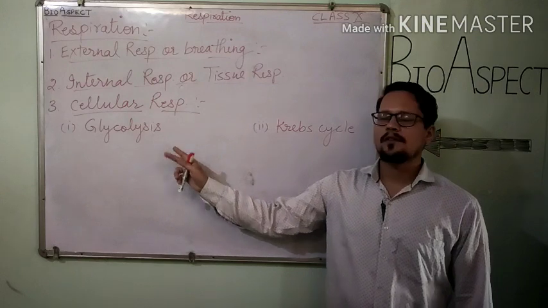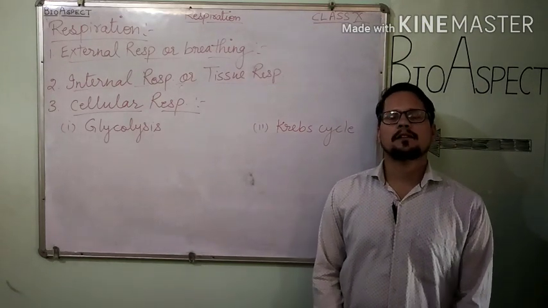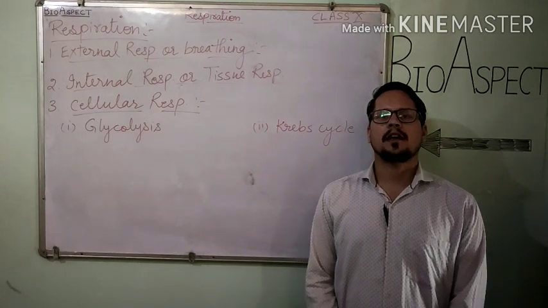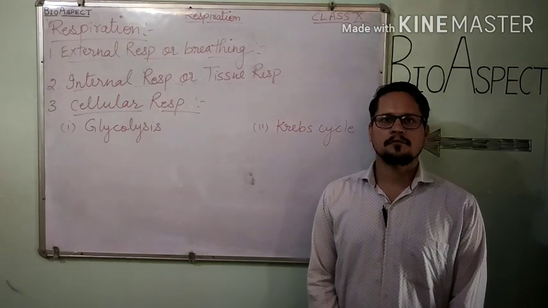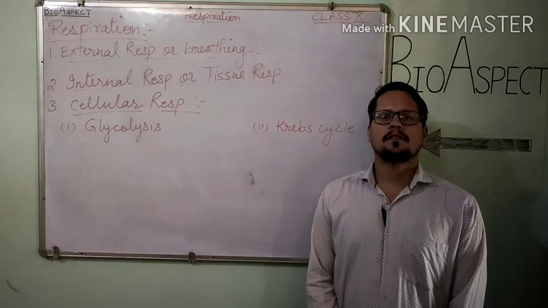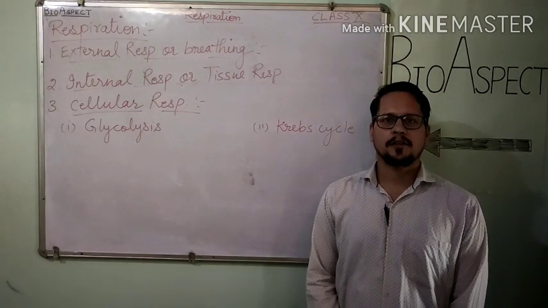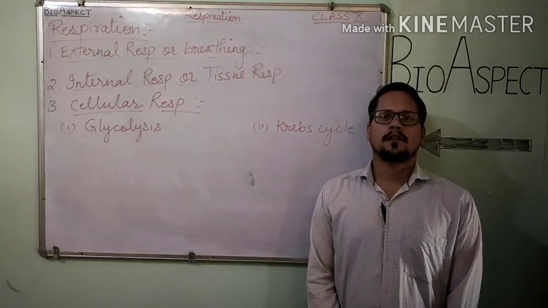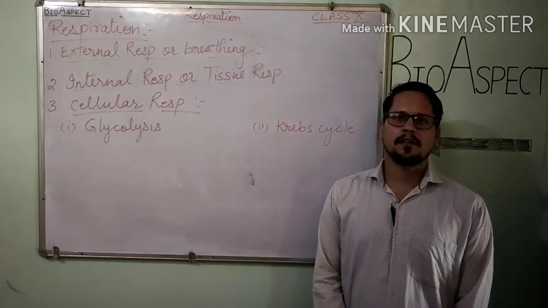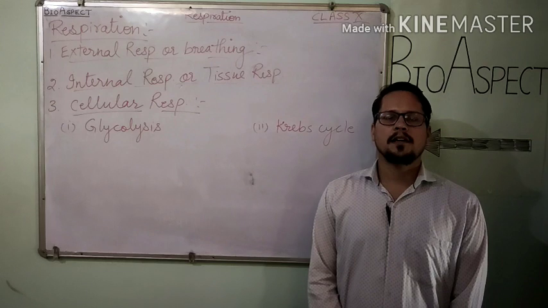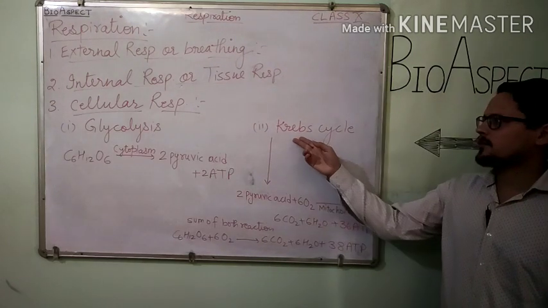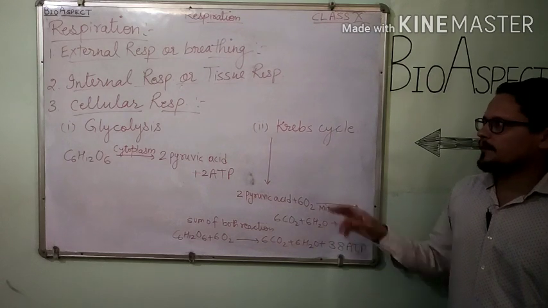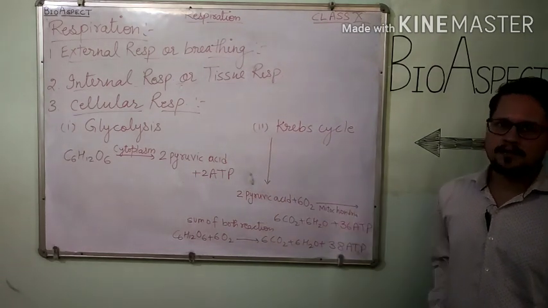The first step of cellular respiration is glycolysis, in which energy is released without using oxygen. The glucose is converted into a 3 carbon molecule, pyruvic acid, and energy is released in the form of ATP, adenosine triphosphate. The second process of cellular respiration is the Krebs cycle, which happens after glycolysis.